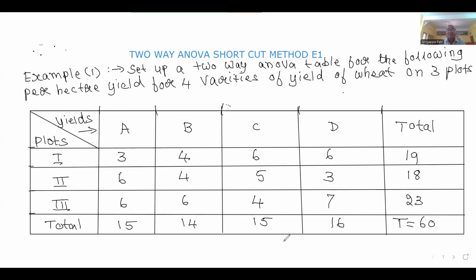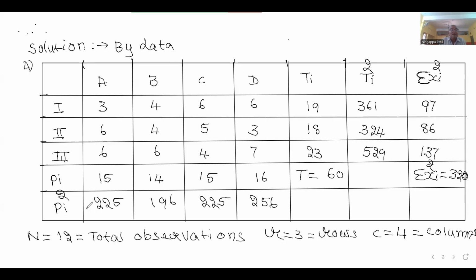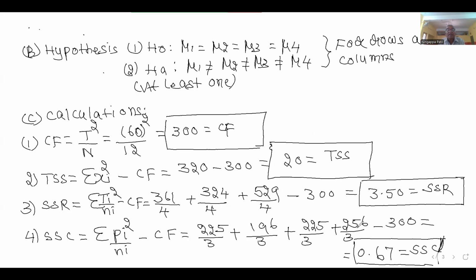See here, Pi square: 225 divided by 3, plus 196 divided by 3, plus 225 divided by 3, plus 256 divided by 3, minus CF, which is 300. You can get 0.67. It is SSC.